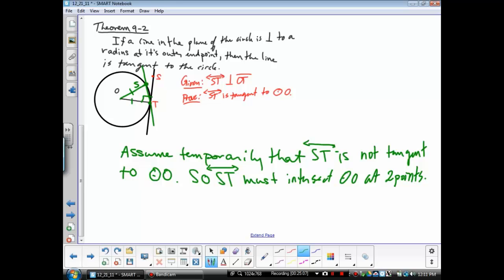Is there a problem with a triangle having 2 90-degree angles? Yes. Okay. So because triangle OST is isosceles, triangle OST must have two 90-degree angles, which is impossible, exactly.